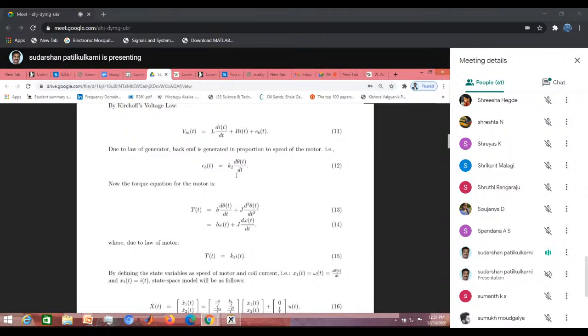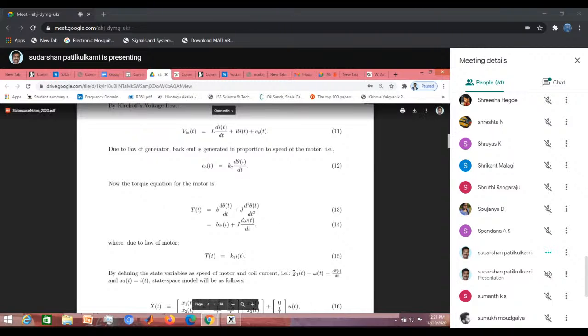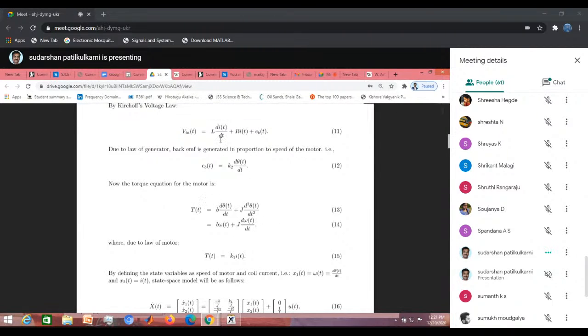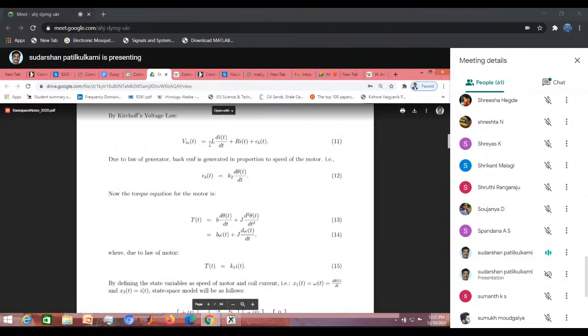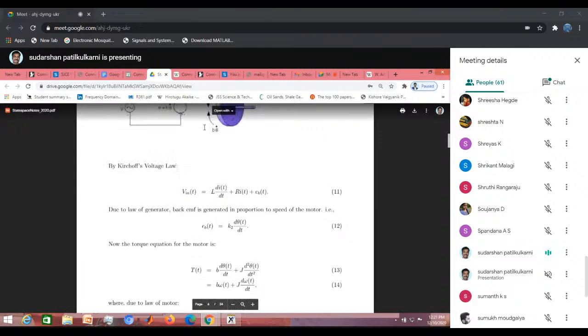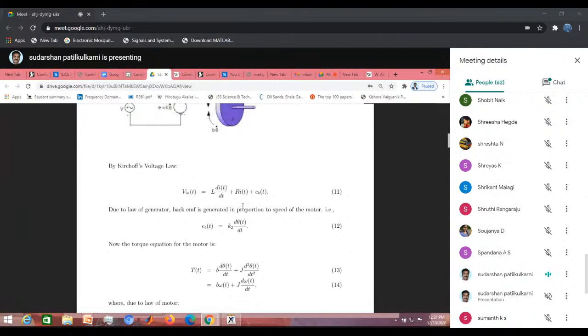So carefully observe these equations, understand the equations. The thing is here, it's an electromechanical system. So both the electrical and mechanical are coupled here.